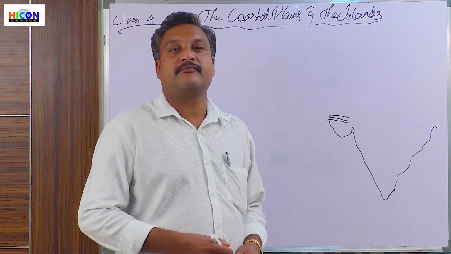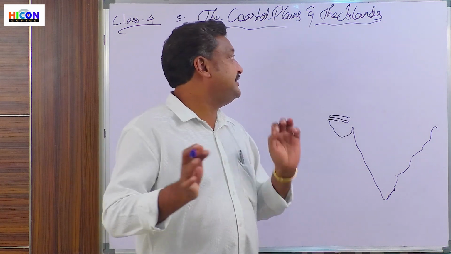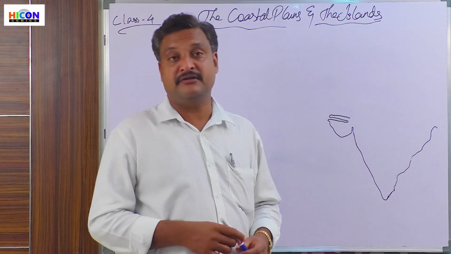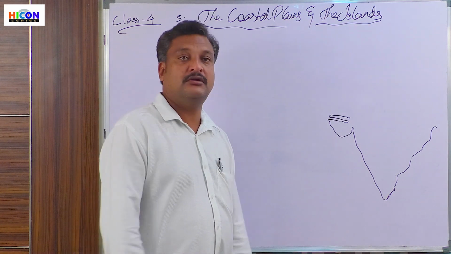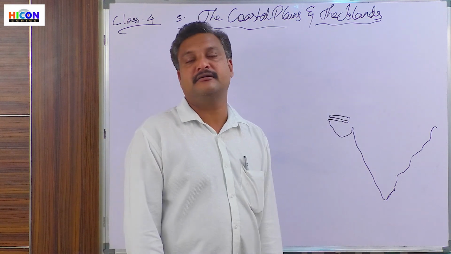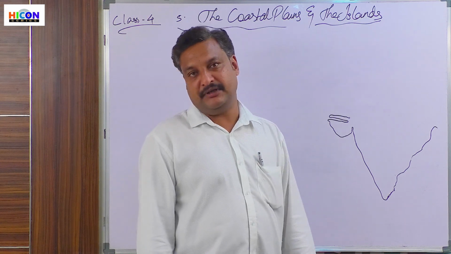Good morning, children. So we have slowly come towards completing the different physical features of India. We started with the northern mountains, the Himalayas and all. Then we had the northern plains, the Gangetic plain, the Satluj plain and the Brahmaputra plain.